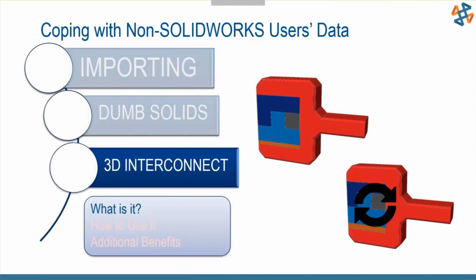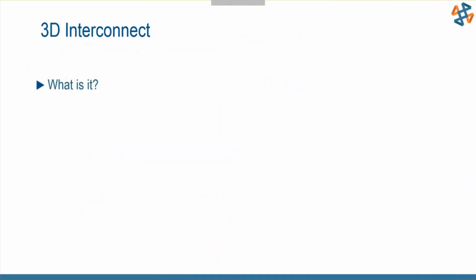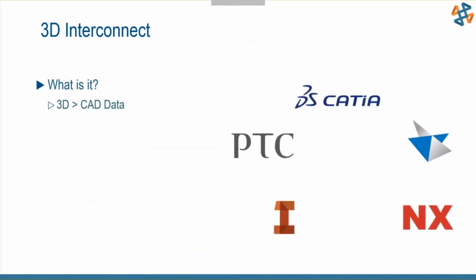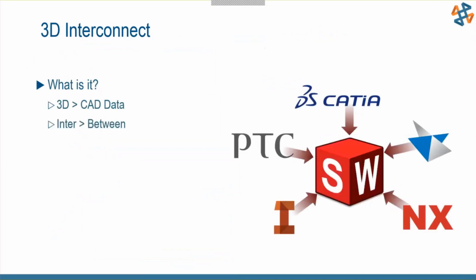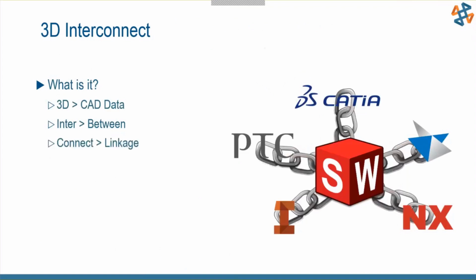First and foremost, what is it? Now, I know everything in SOLIDWORKS has the most intuitive name, right? Well, not everything does, obviously, but 3D Interconnect, in my opinion, really does. Because if you think about it, what is 3D? That's CAD data, right? And then inter means between, and connect can really be thought of as a linkage.